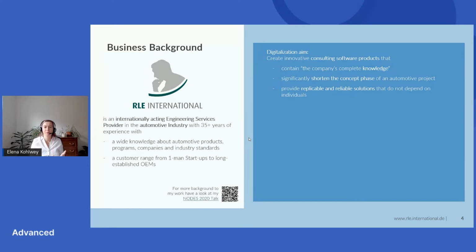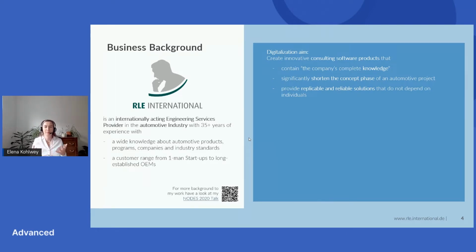And what we want to do is provide help, so consultancy in that space, and also replicable and reliable solutions, because often when startups seek consultancy, the solutions they get are very reliant on the person they're talking to, on the consultants themselves. What we want to get here is replicable and reliable solutions that do not depend on these individuals.